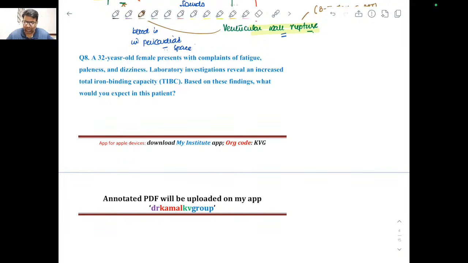Very good, Priya, you are absolutely right. Yes, so let us write the keywords first.